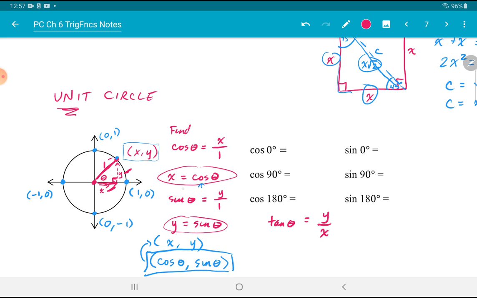Well, we also found what x and y were equal to. So tangent of theta, using substitution again, is the same as y, which is sine of theta, over x, which is cosine of theta. So it turns out that tangent of theta is equal to sine theta over cosine theta. Another cool property that you'll use a lot throughout this unit.